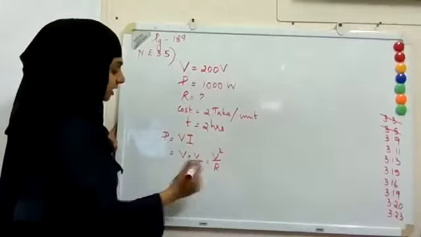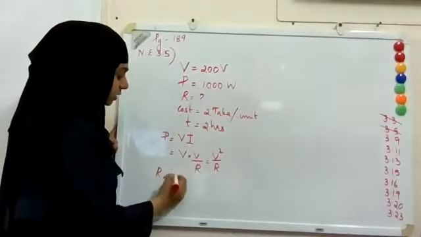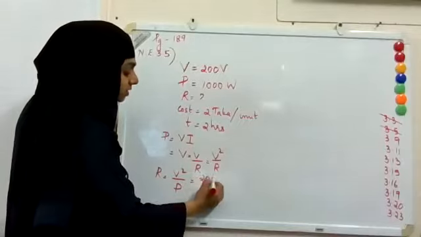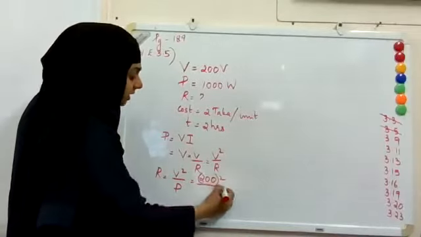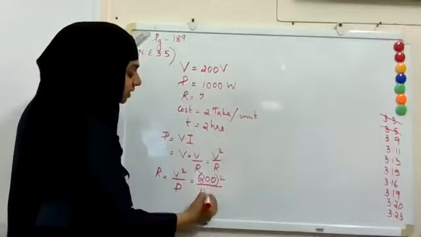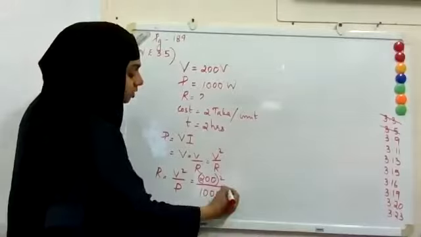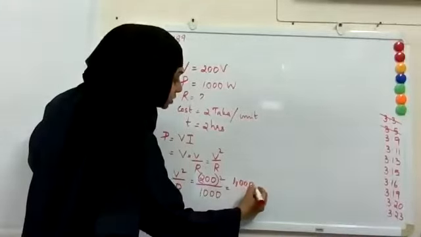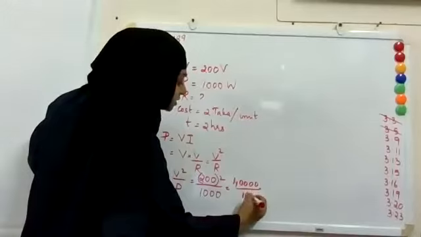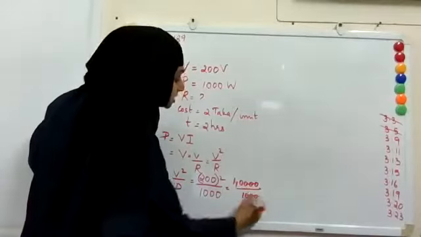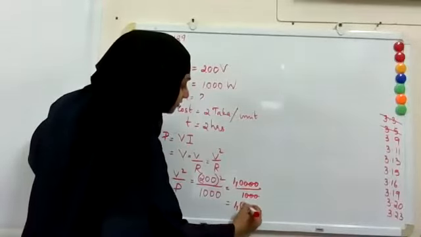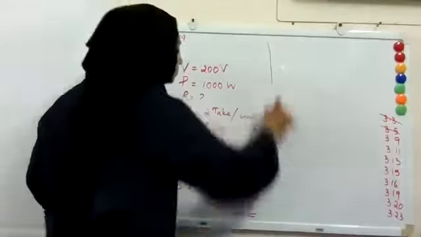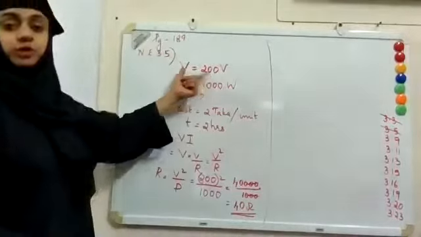So we need to find R. So R is equal to V square by P. So V is 200 square divided by P, which is given to be 1000. So this is equal to 4 with 4 zeros divided by 3 zeros, which gets cancelled. So you will get 40 ohm. Don't go with the solution given in the textbook. They used a wrong value for the potential.